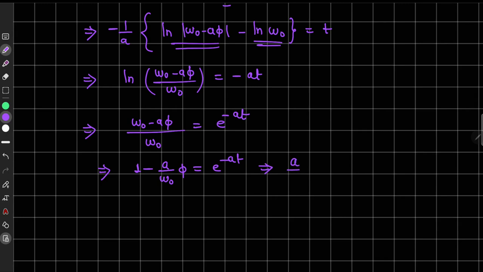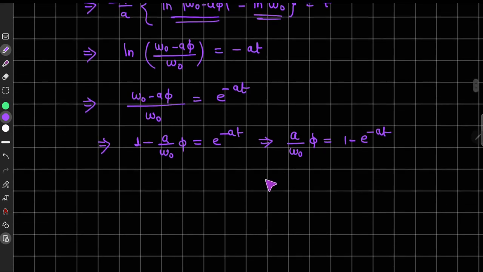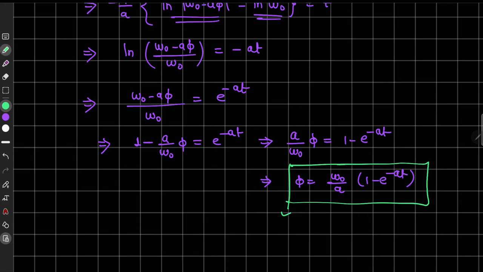From here we get a by omega naught into phi is equal to 1 minus e to the power minus at. So phi is equal to omega naught by a times 1 minus e to the power minus at. This is the expression of phi as a function of time.